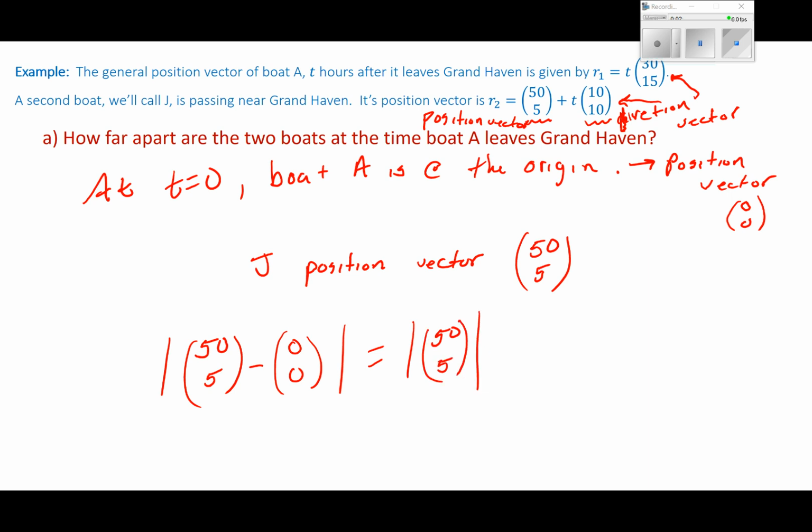If I subtract those, I still end up with the vector (50, 5). Magnitude comes from the square roots: 50 squared plus 5 squared, which is approximately 50.2 units apart. So when boat A leaves Grand Haven, they are 50.2 units apart.